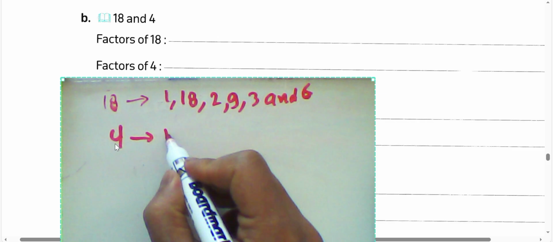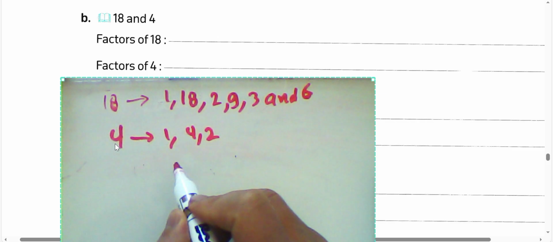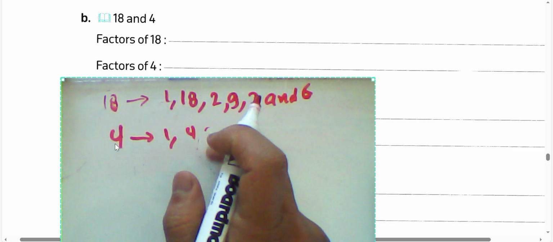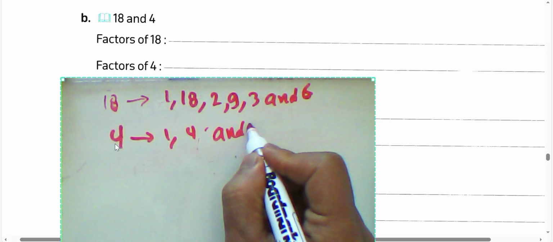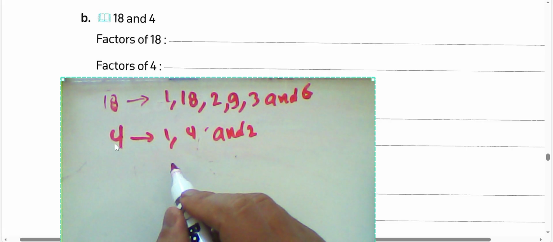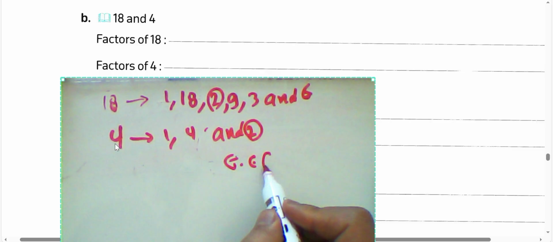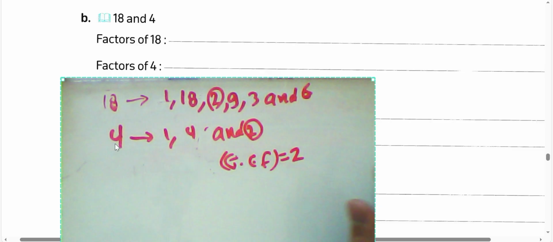The factors of 4 are 1, 4, and 2. Then the greatest common factor between them will be 2. Greatest common factor is 2.